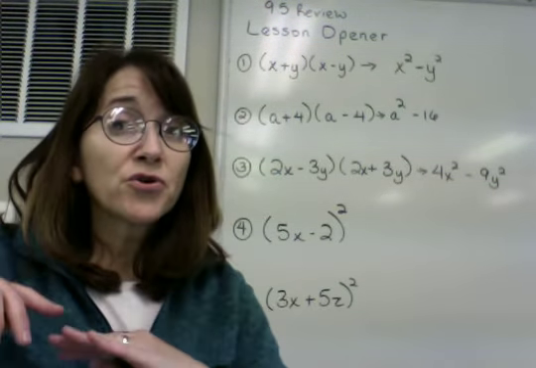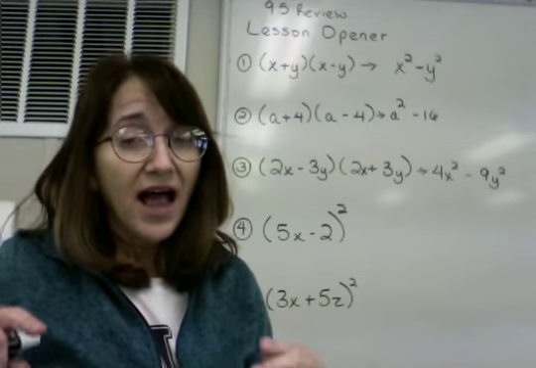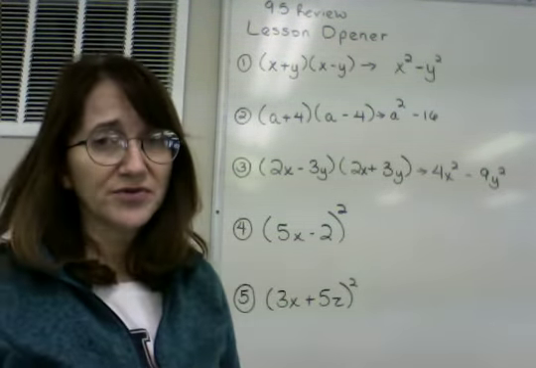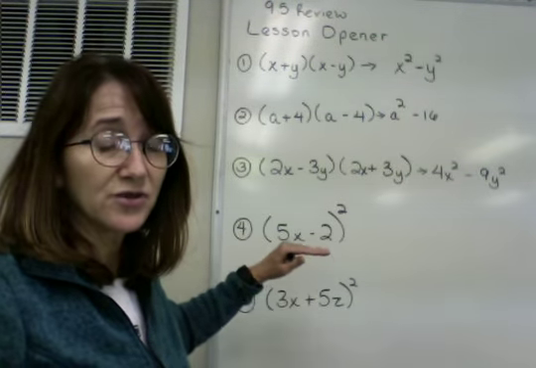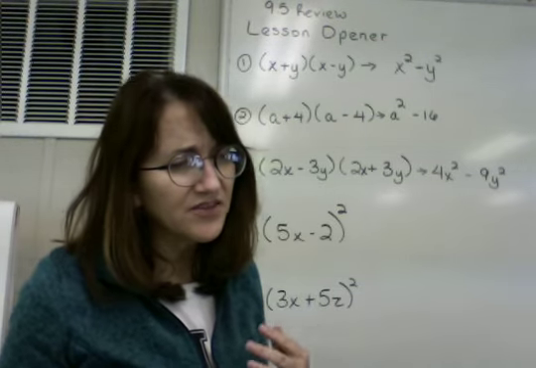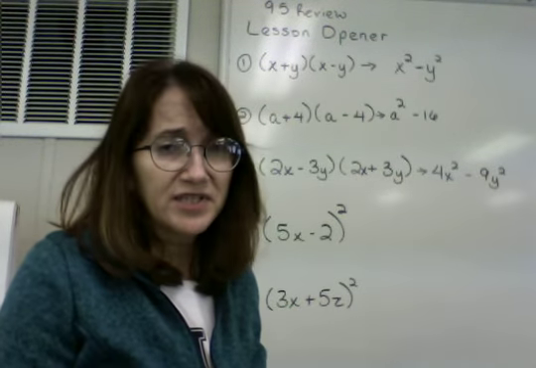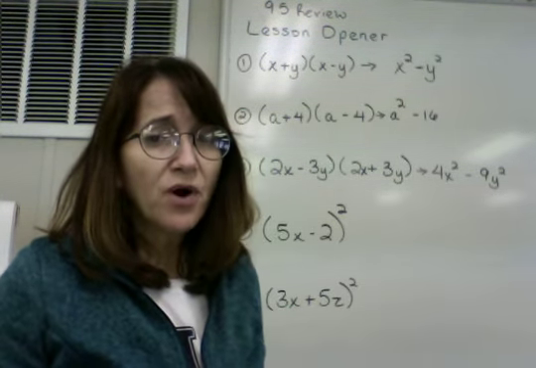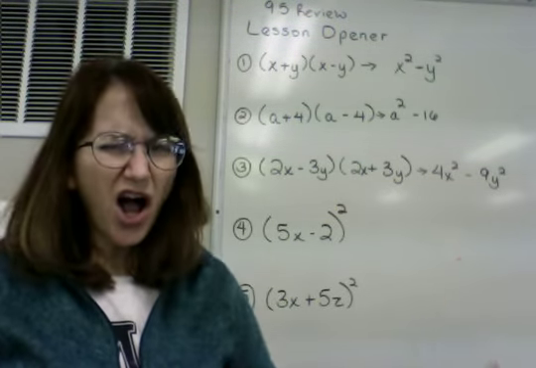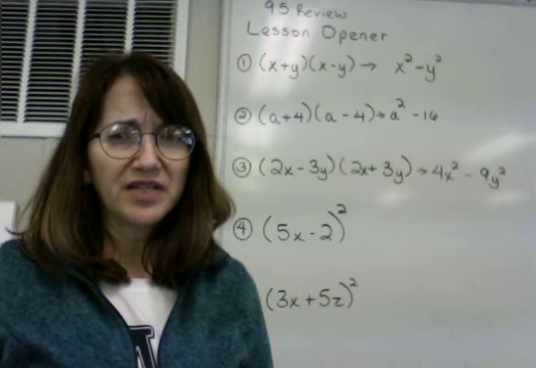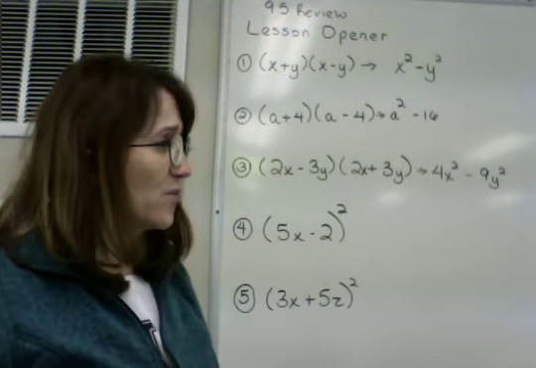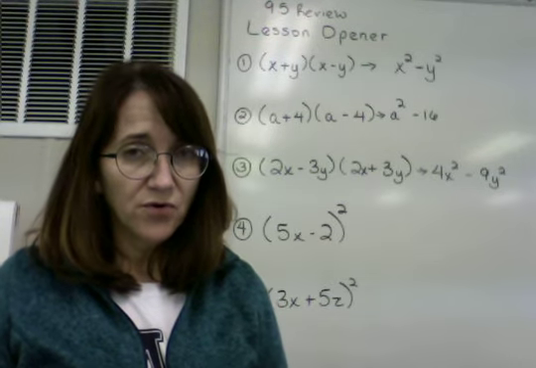Then we learned another pattern, and that pattern had to do with perfect squares. That's where you take a binomial and you square it. If you look back at 9.5, normally you would take the product of these, and I would automatically know what my middle term would be because the product of those two numbers would be doubled in the middle.